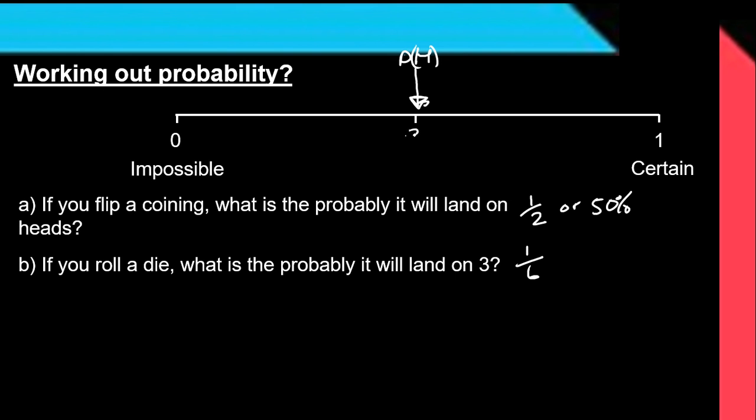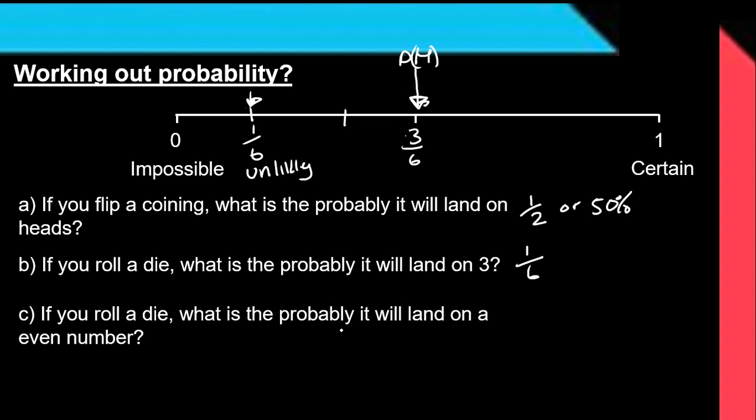I know here would be 3 over 6, so if I split the bottom half in, it's going to be maybe here and here. So 1 over 6 is going to be in the bottom half of the scale. If the probability of it landing on 3 is 1 out of 6, we can say that it's unlikely, or very unlikely in this case. It's quite close to 0.